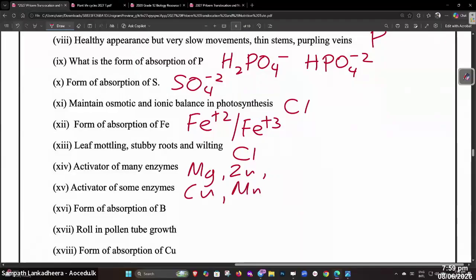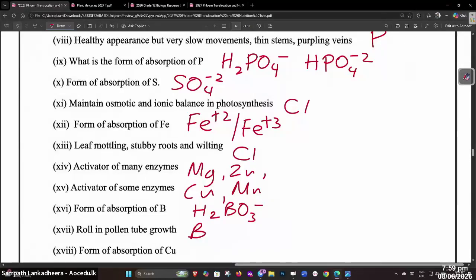And then, people, form of absorption of boron. H2BO3 minus. Role in pollen tube growth. What is that, people? Boron.